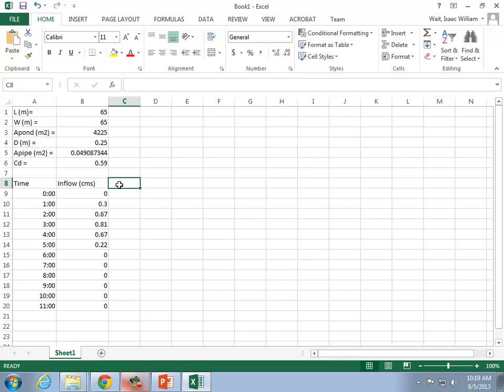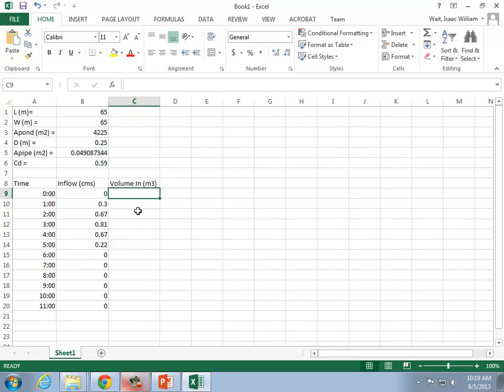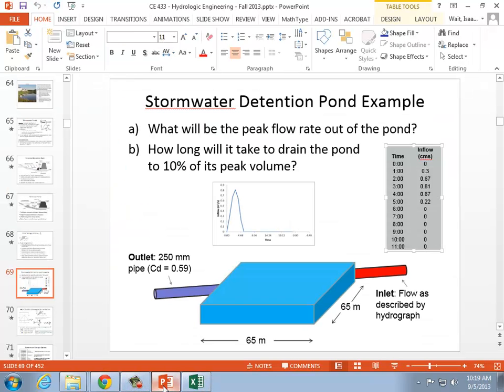All right, so we're going to have the volume in, and that's going to be cubic meters. And the volume in during the first time increment is going to be 0. Nothing's happening, right? Then there's going to be a column that is our accumulated volume column.